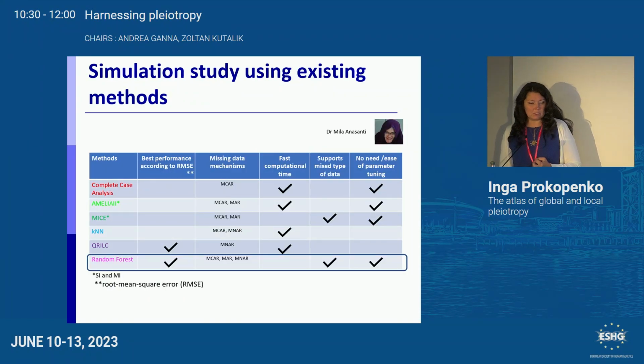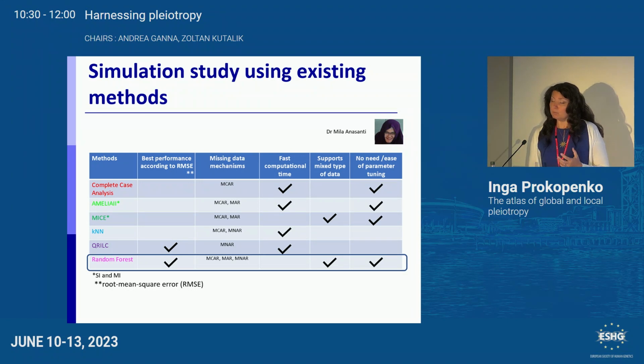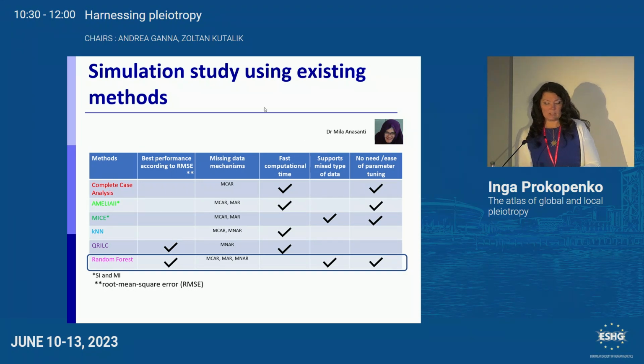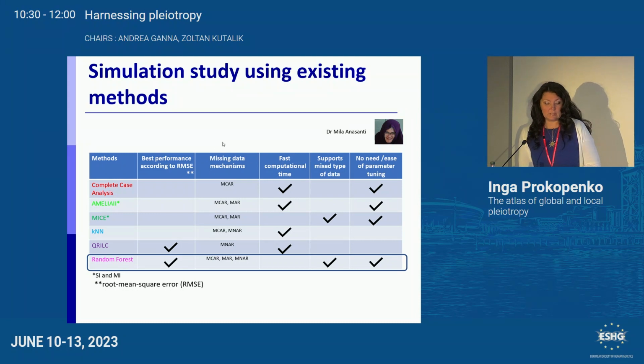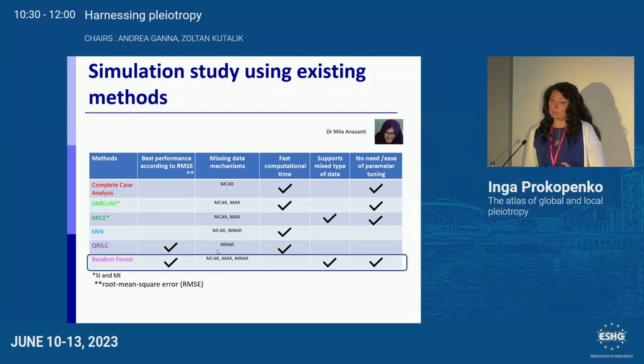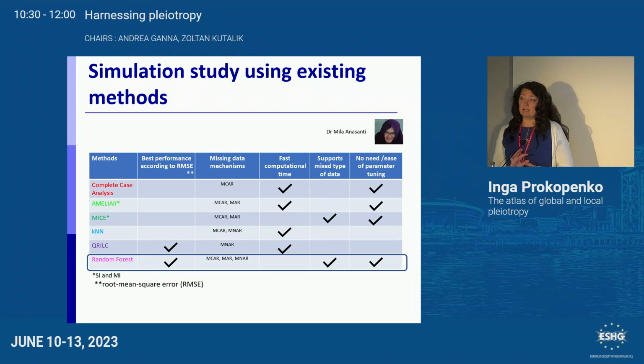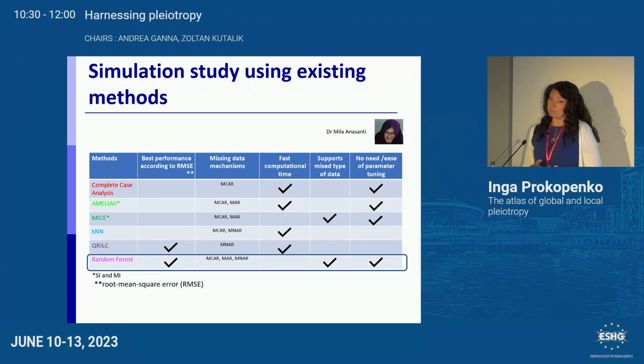So my PhD student worked on these approaches, and she evaluated how the approaches perform. She selected here, I think, 6 different approaches. Every one of them addresses a different missingness data mechanism.